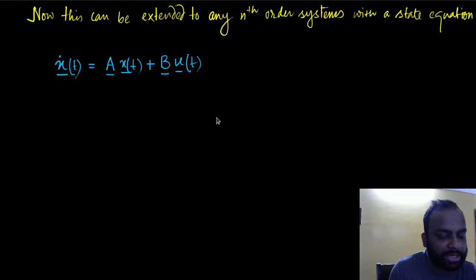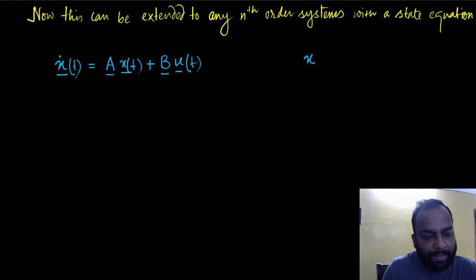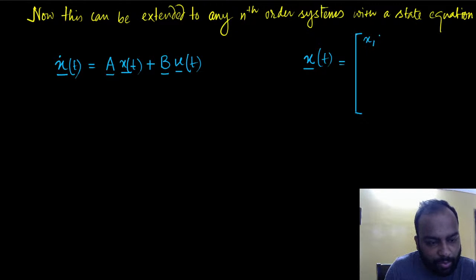Again, this is the state equation that is actually true. This state equation is valid for any nth order CT LTI system, continuous time, single input, continuous time linear time invariant system, right? It doesn't have to be CISO, right? Anyway, that's the state equation. Whenever I write x(t) with an underline here, that indicates the state vector, which is x1(t), x2(t), up to xn(t), depending on the order of the system.